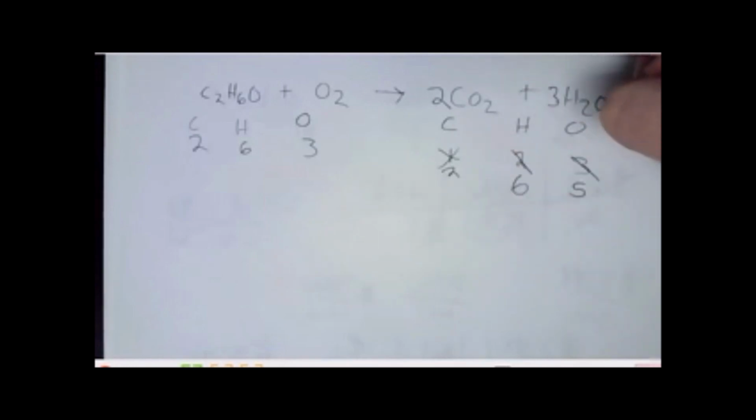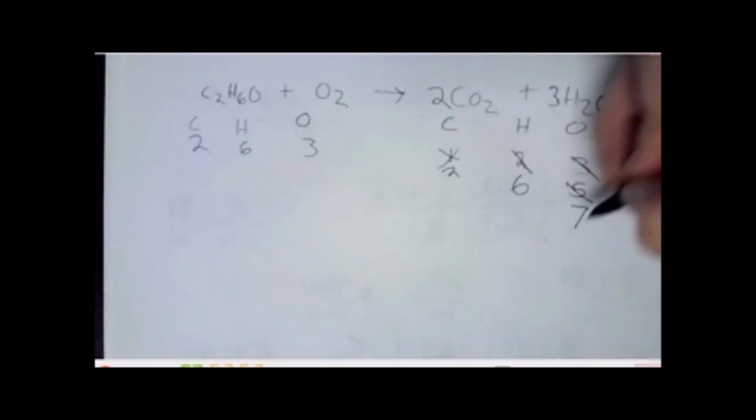That goes to 7 oxygens. Now, if I change a coefficient here, that's going to change these 2 guys. So instead, I want to change the coefficient here. If that's 7 and I got 1 from here, I need 6 from this guy. So that means I'm going to have a 3 there. Now I'll get that to a 7. Now we're balanced.